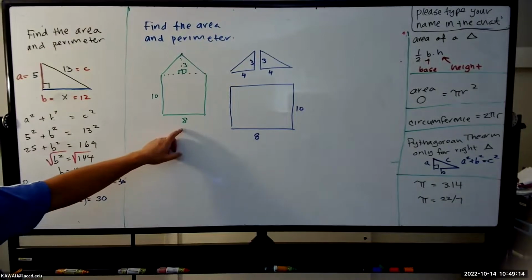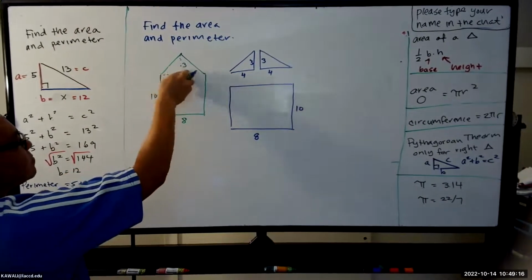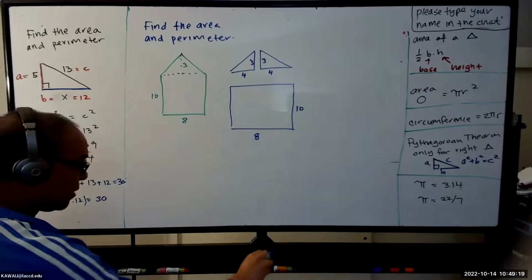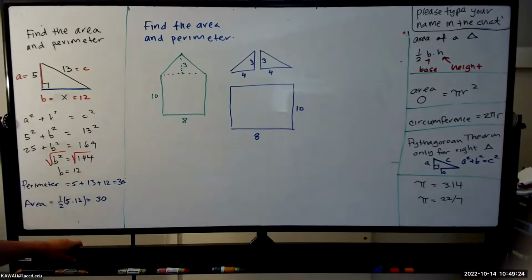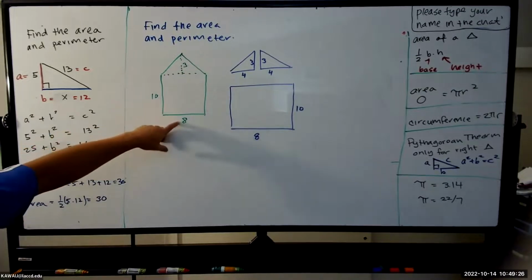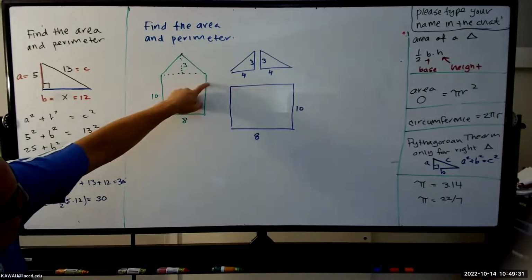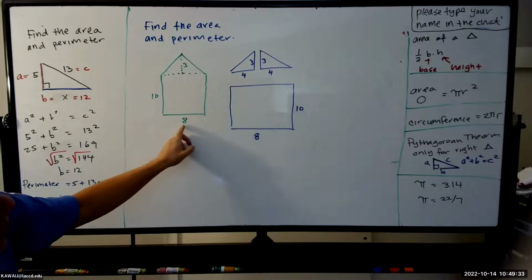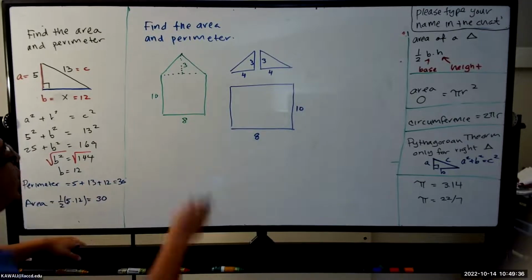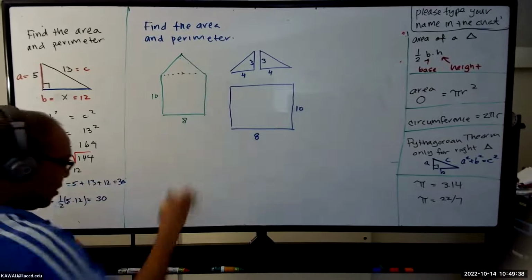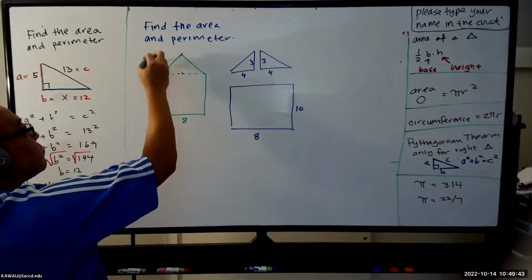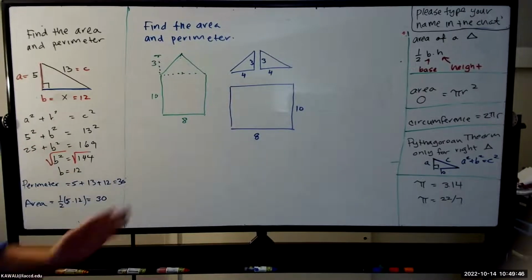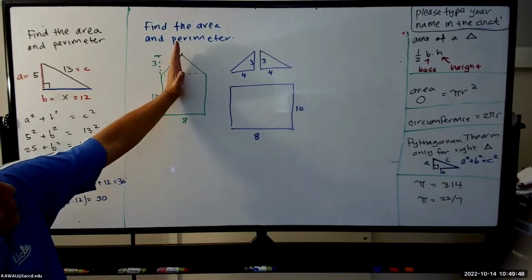Let me get rid of that so it looks better. Even though they don't tell you that this part is 4 and this part is 4, you're supposed to assume it because it's half of 8. The other way they could write it is they could draw it like this to further hide that this is a right triangle if you cut it in half.